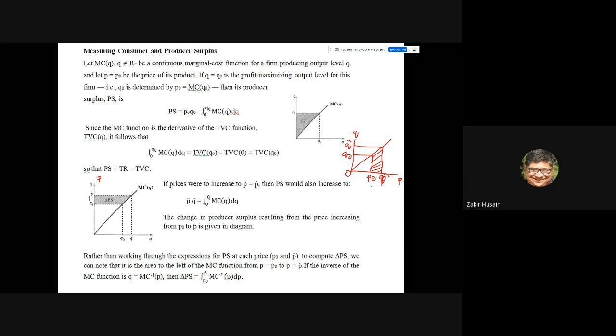Is it clear? So this is the inverse of the marginal cost function. We have P equal to MC(Q), and we take the inverse of this.